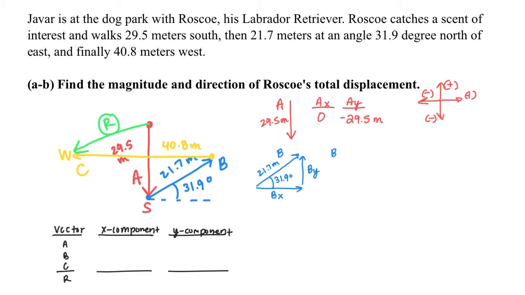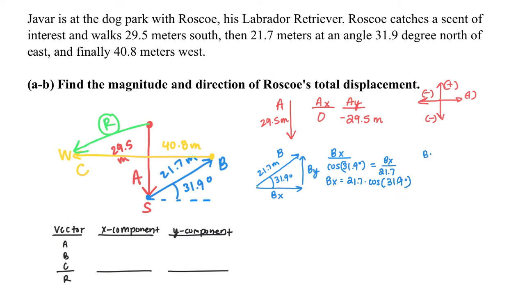So we see here that if I'm looking for B_x, I can use my trigonometry here. That would be cosine 31.9 degrees is equal to B_x over 21.7, which means that my B_x is 21.7 times cosine 31.9 degrees, right?